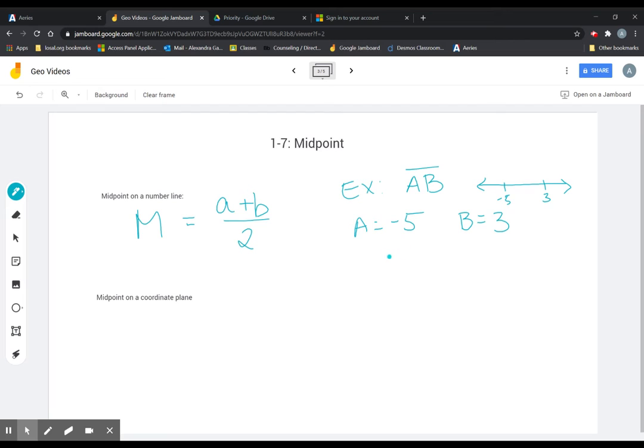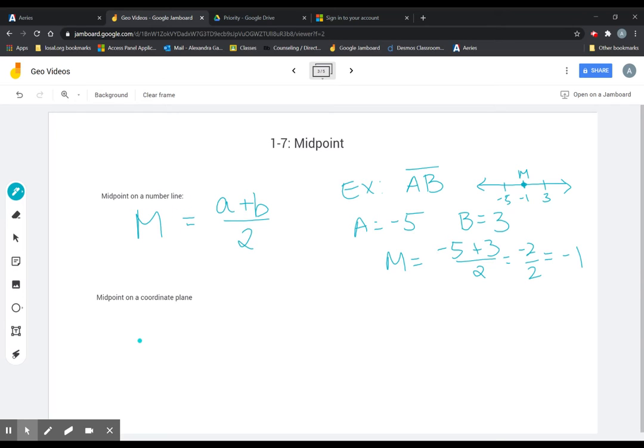The midpoint, M, is going to be -5 plus 3 divided by 2. So the midpoint, the middle, is going to be at -1. That's where M is going to be. So that's if we're working on a number line.